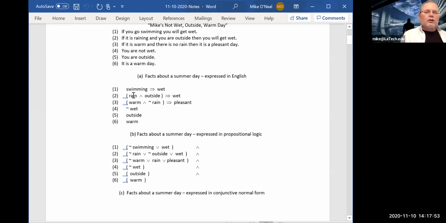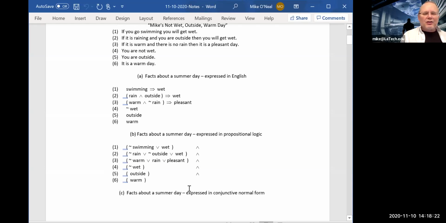Rain and outside together imply wet. Warm and no rain together imply pleasant. And we know that you're not wet, you are outside, and you're warm. So that's just these English sentences roughly converted into propositional logic.